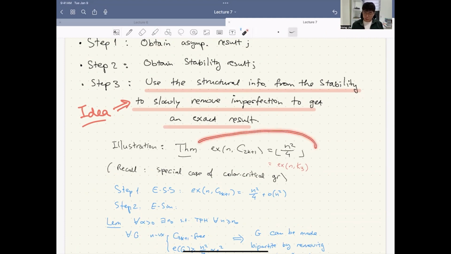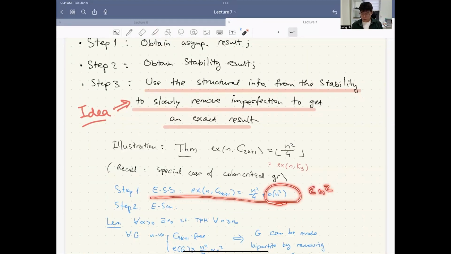We know that its extremal number is exactly n squared over 4, the same as triangles. So step 1 is done by Erdős and Simonovits, saying that the extremal number of an odd cycle cannot be much more than n squared over 4. We can take any epsilon here, right? n squared over 4 plus epsilon, as long as n is sufficiently large as a function of epsilon.